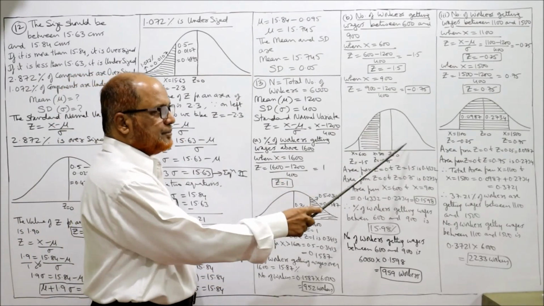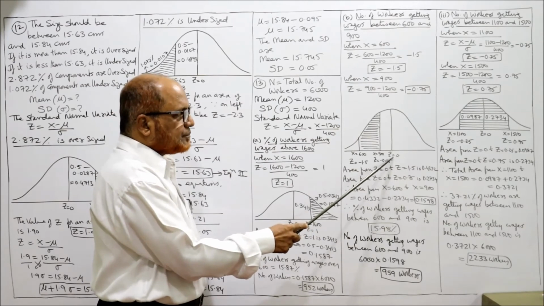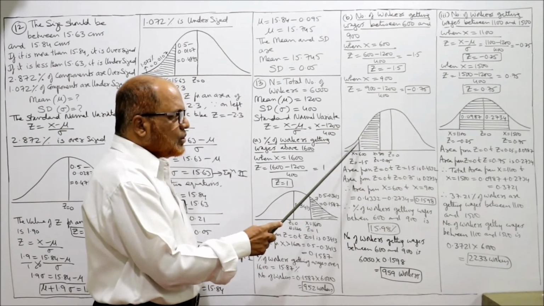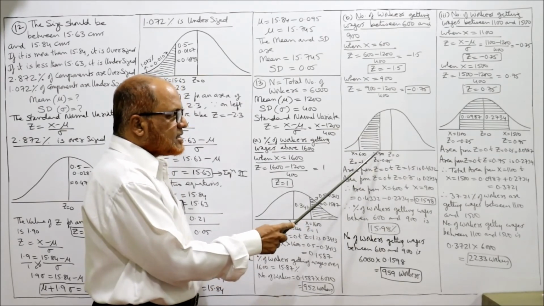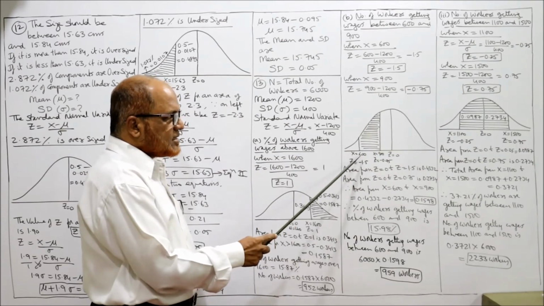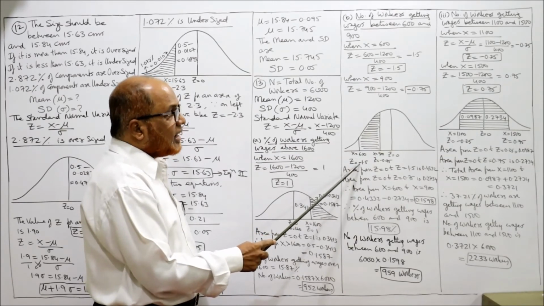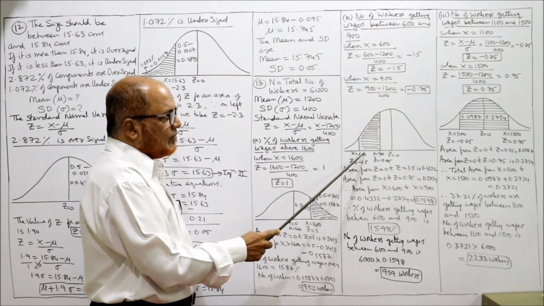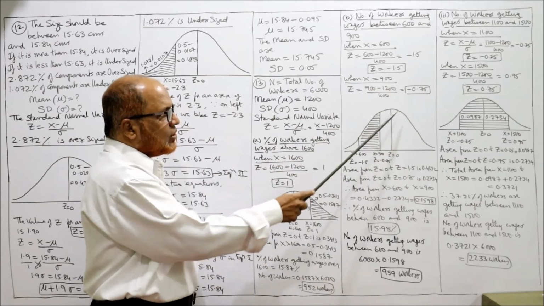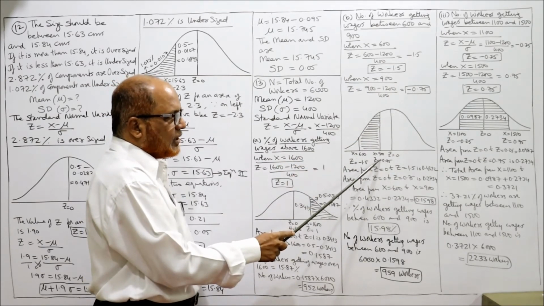Here is the diagram. In the middle is the mean; x is equal to 600, x is equal to 900. When x is equal to 600, z is equal to minus 1.5. When x is equal to 900, z is equal to minus 0.75. We got it.